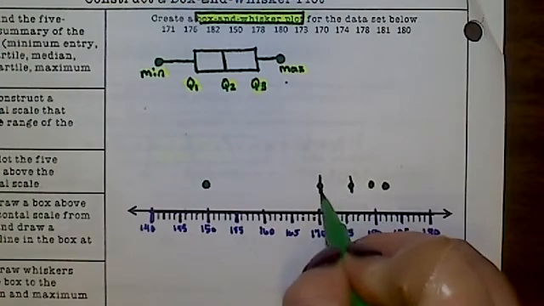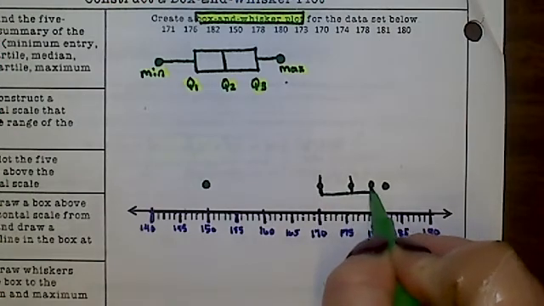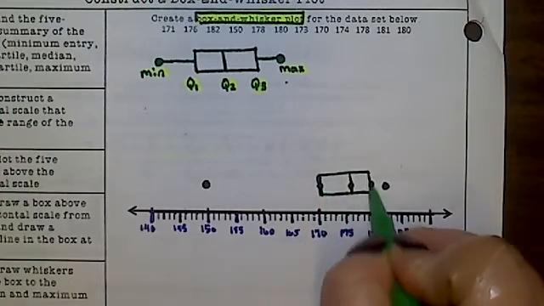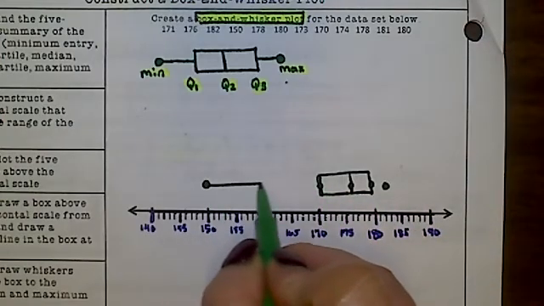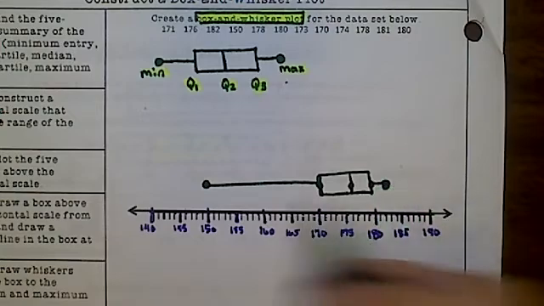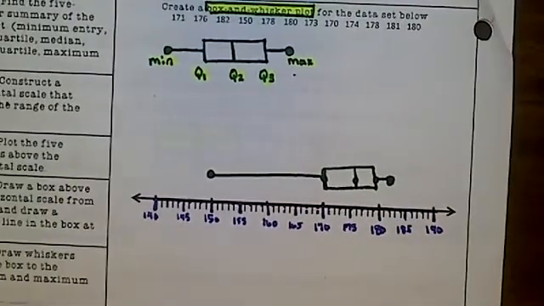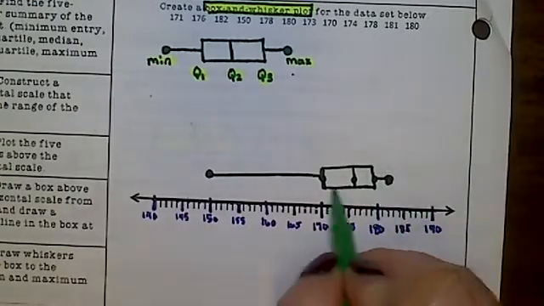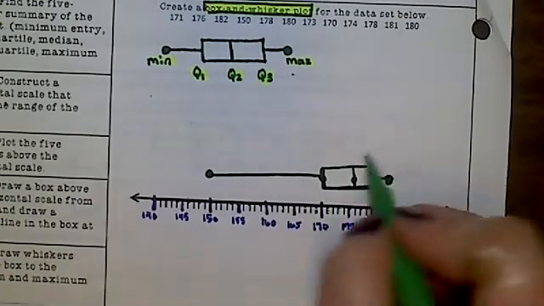We'll draw the box here. And then you have this whisker and that one there. So you can see that 150 definitely looks like it was an outlier, and we showed that it was with that formula.